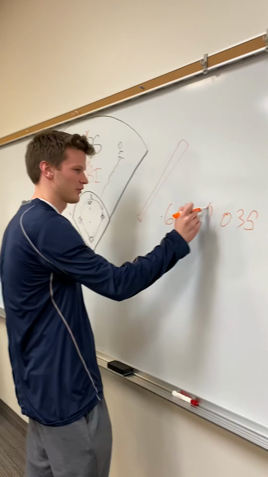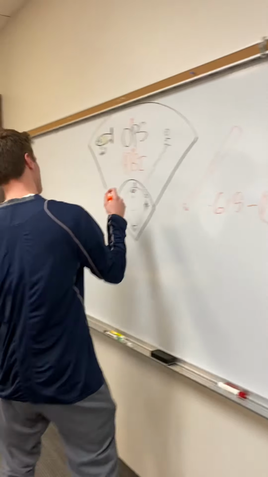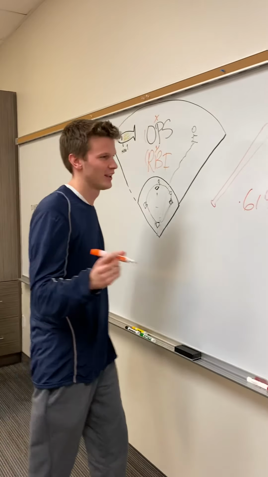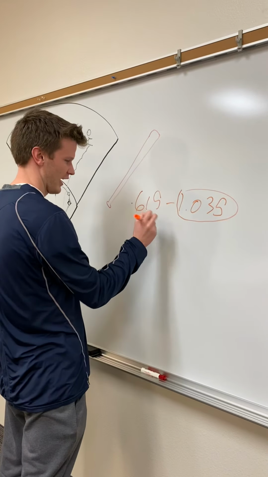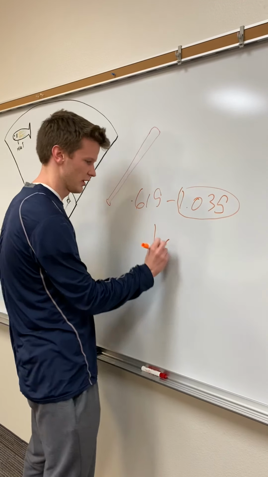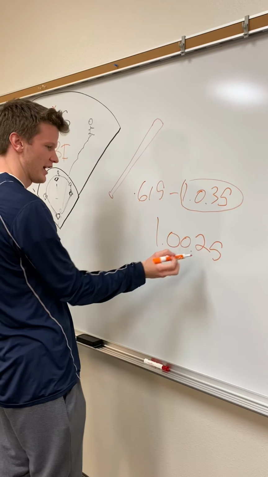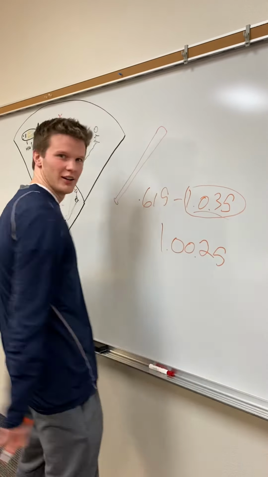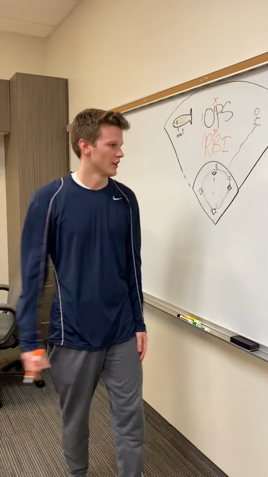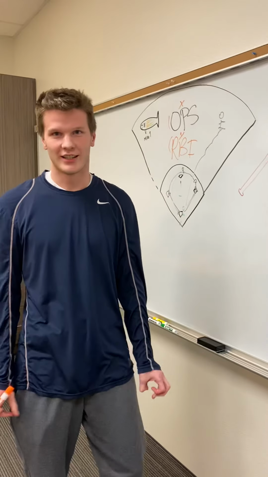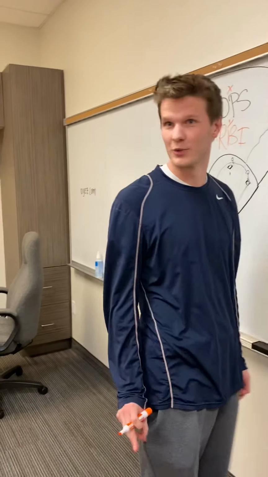And this 1.035 is this beautiful fish, Mike Trout. And our upper fence happened to be 1.0025. And that is more than that. So he's an outlier. Mike Trout's an outlier. So he's really, really good at baseball and really good at hitting.